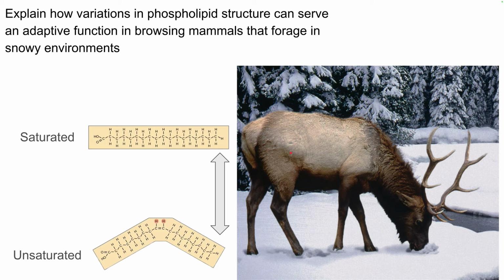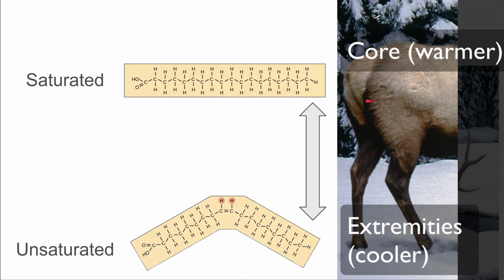In mammals that browse in the snow, there is a tendency for the phospholipid tails that are in the body core to be more saturated, and those in the extremities to be more unsaturated. Why?